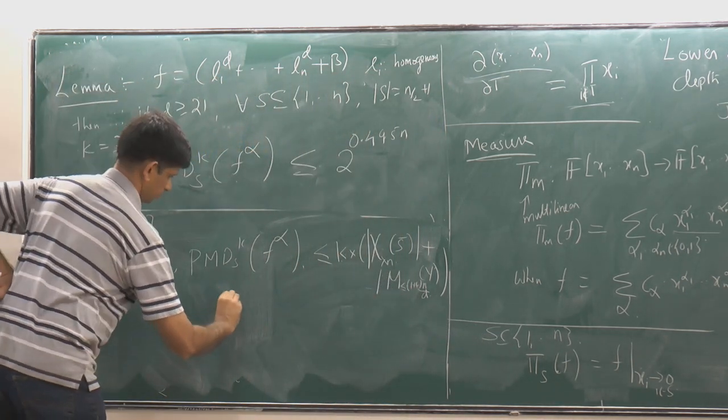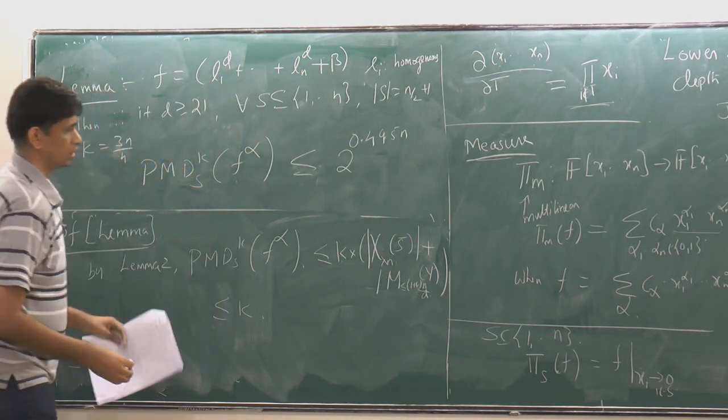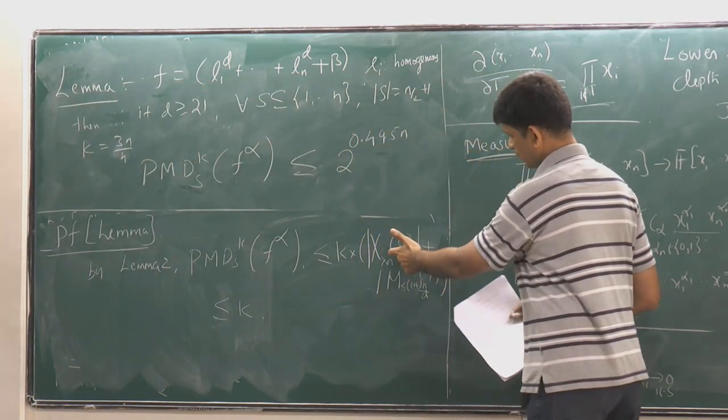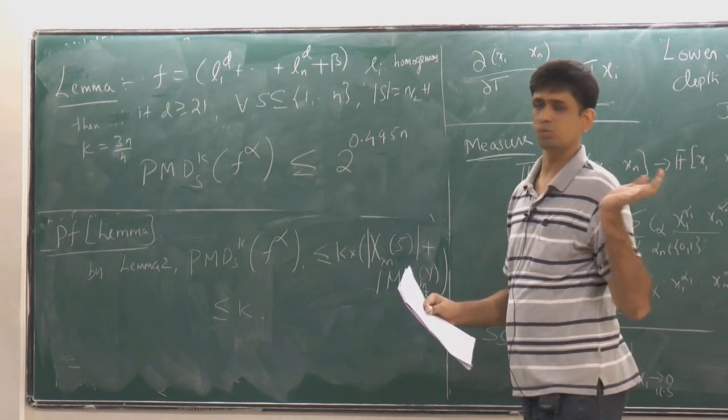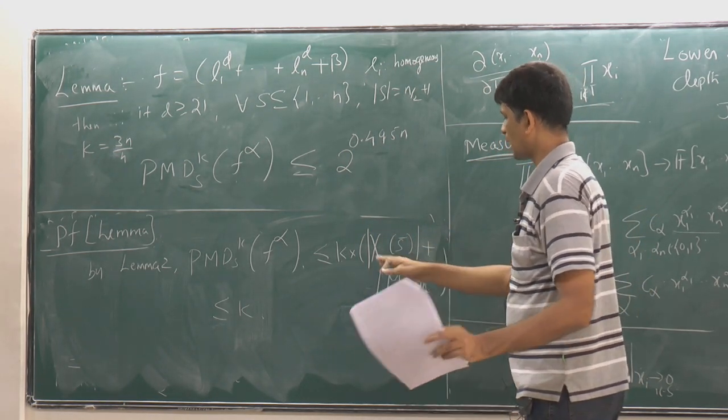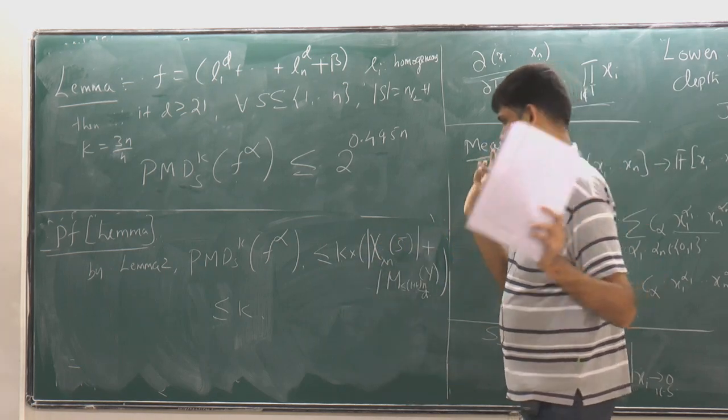So this is at most k times... The number of variables in S complement is n by 2 minus 1, so this will be at most n by 2 minus 1 choose lambda n, up to a linear factor.